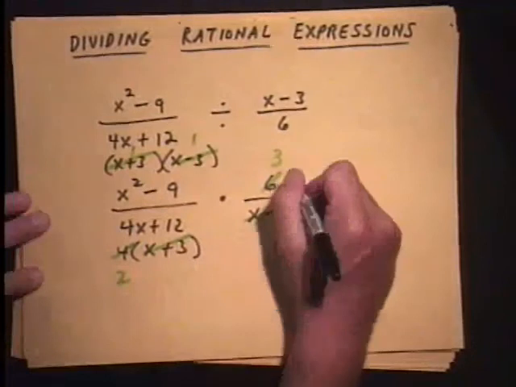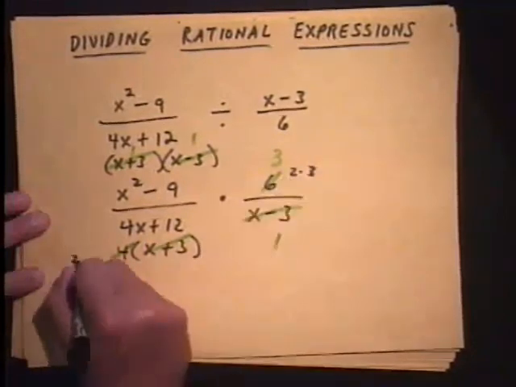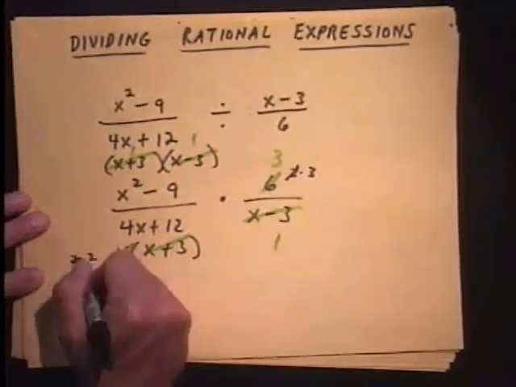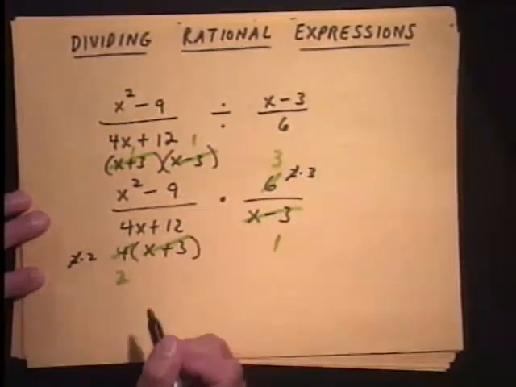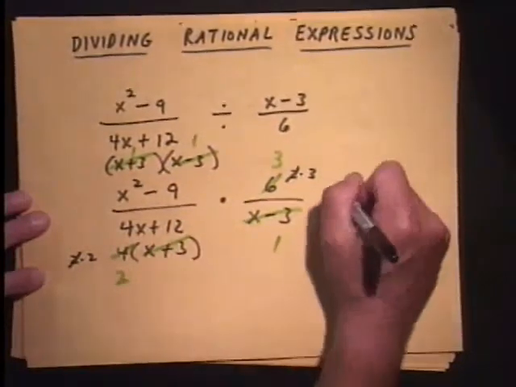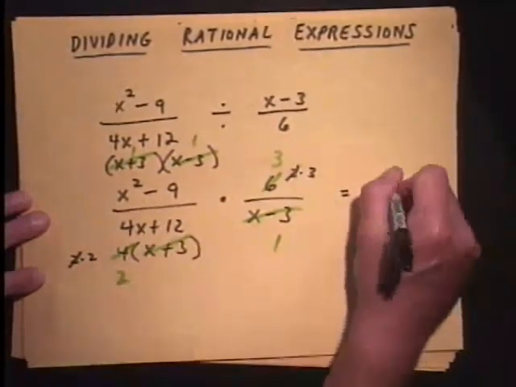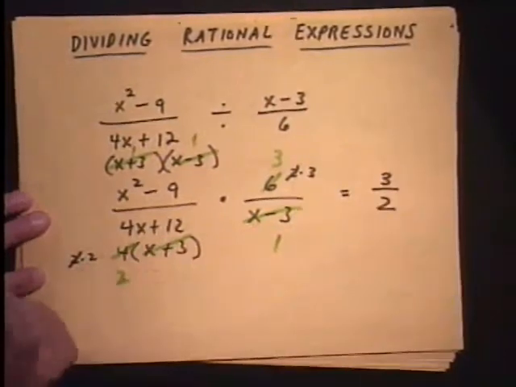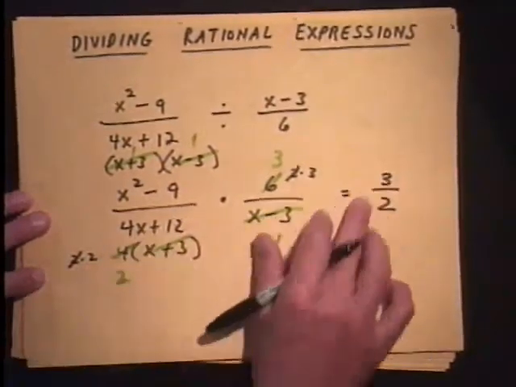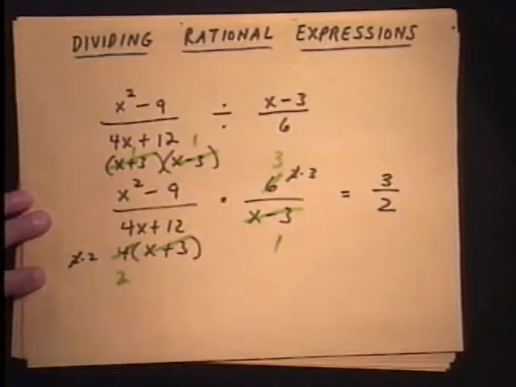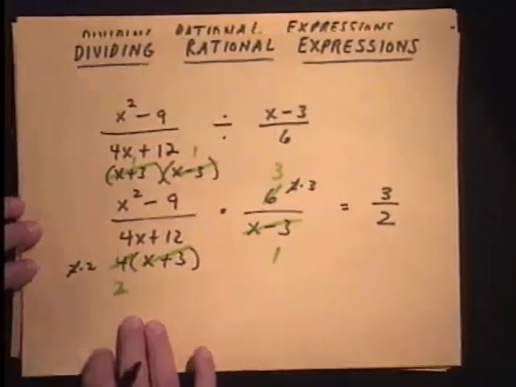See, we could have written 6 as 2 times 3, 4 as 2 times 2, and cancel that common 2 out, leaving us with these numbers in nice green here. So what's left is a numerical answer. We started with multiplying all of these polynomials, and it reduced to the answer of 3/2.